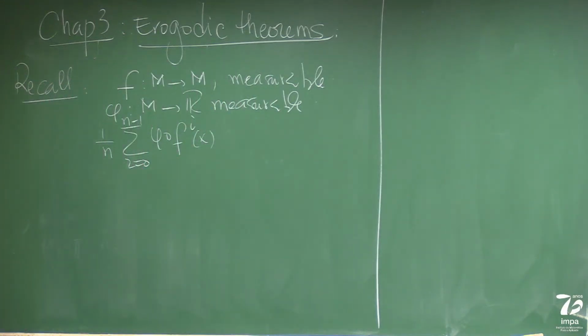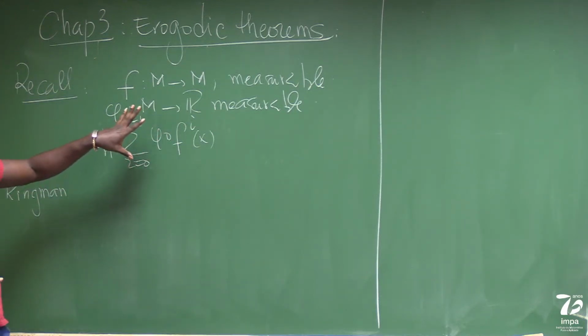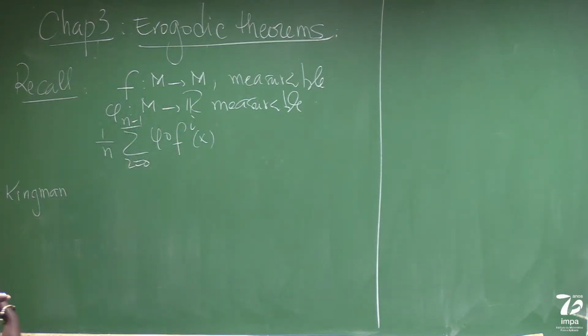We call this a time average. And if you remember, we had this theorem, which is the Kingman Theorem. All the theorems that relate time average and space average are generally called ergodic theorems. That's the title of this chapter.